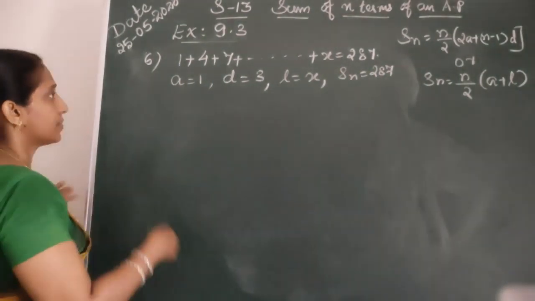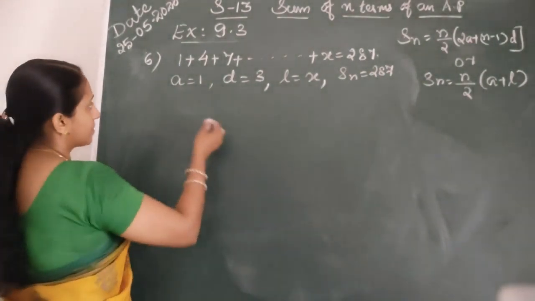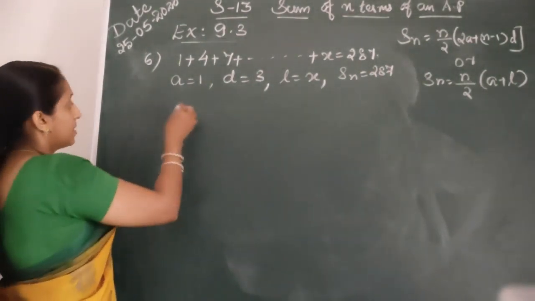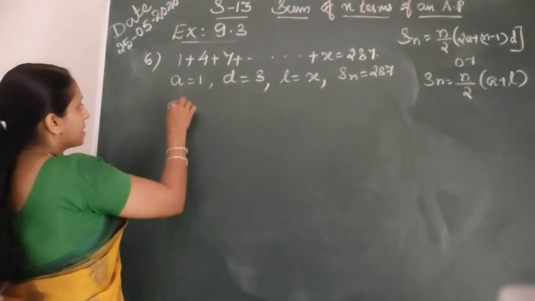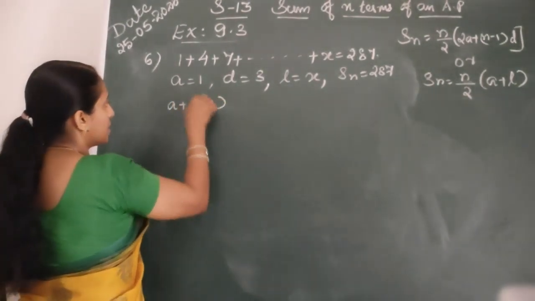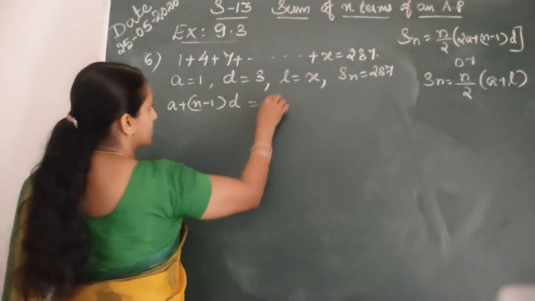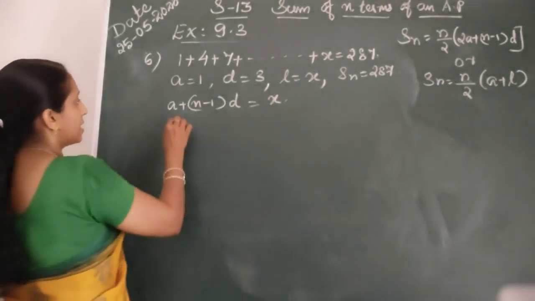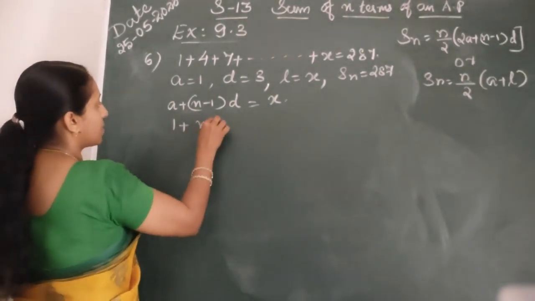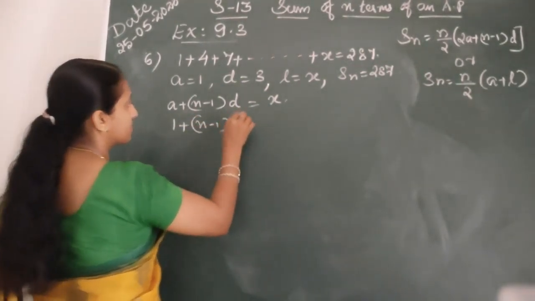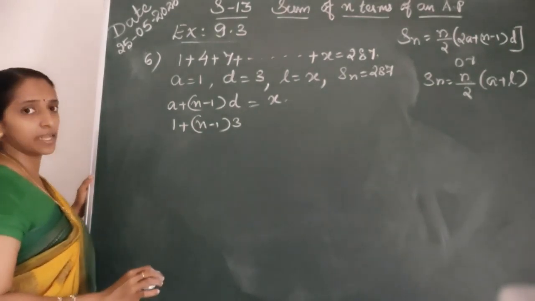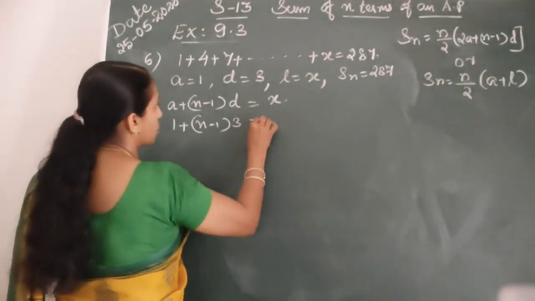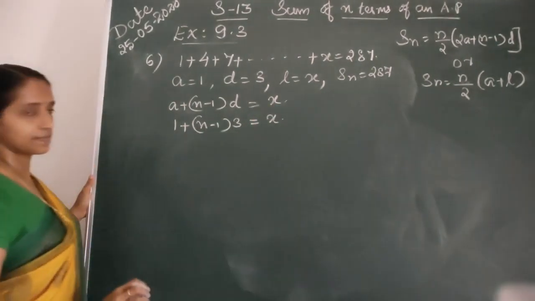You can take out the two formulae. Which are the two formulae? That is a plus (n minus 1) into d, that is our last term an, which is given as x. That means 1 plus (n minus 1) into 3 is equal to x.